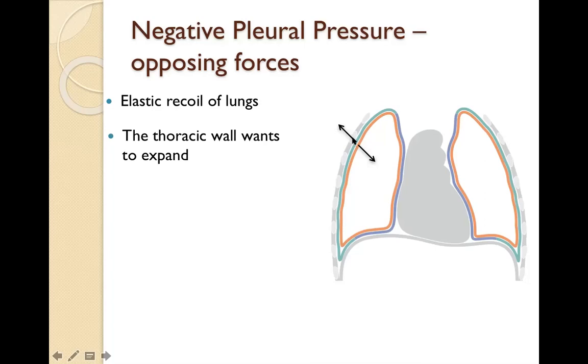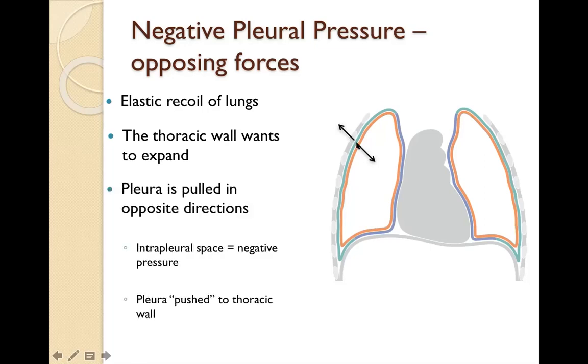And there's an equal force that is pulling the lungs to stay open. And whenever you pull in opposite directions on a closed circuit or a closed system, it's a physical law that it actually reduces the pressure within that circuit.